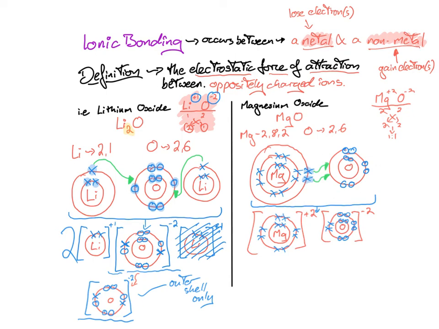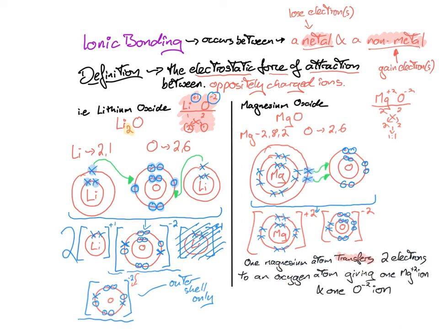Let me write that in. So I've written that in for you. Now let's have a look at the key marking points. We said we needed to know how many electrons were being transferred. 2 electrons. Okay, we said we needed to know the direction of travel. Those are the green arrows. To an oxygen.